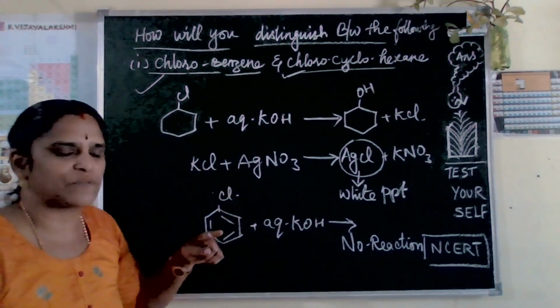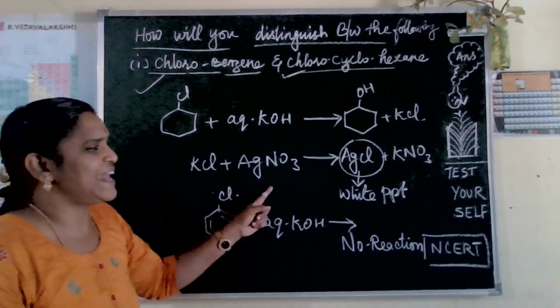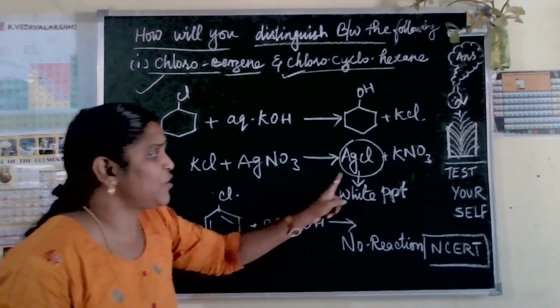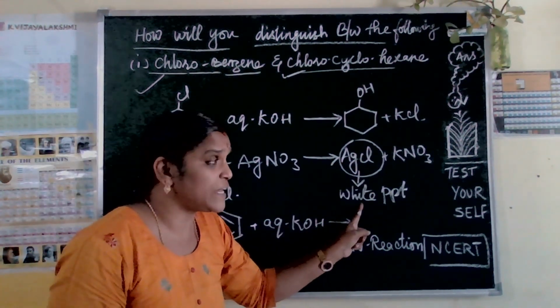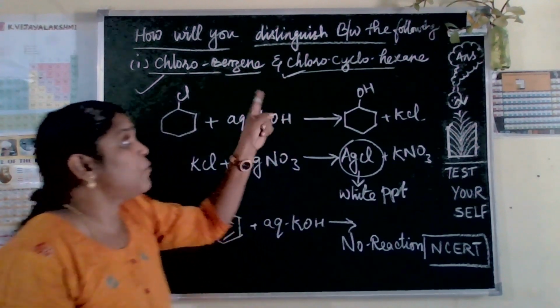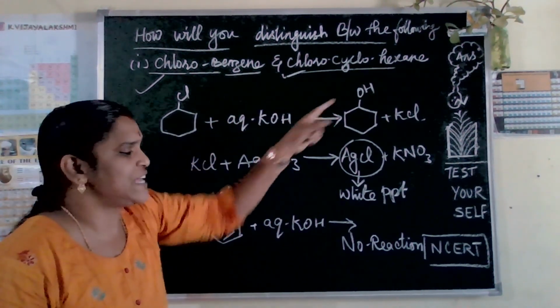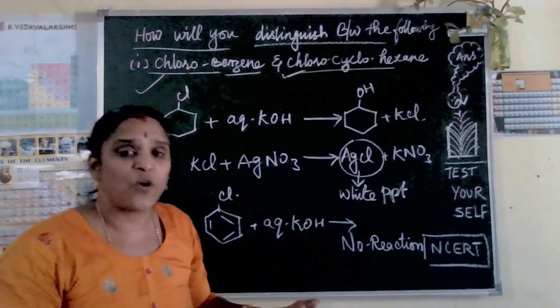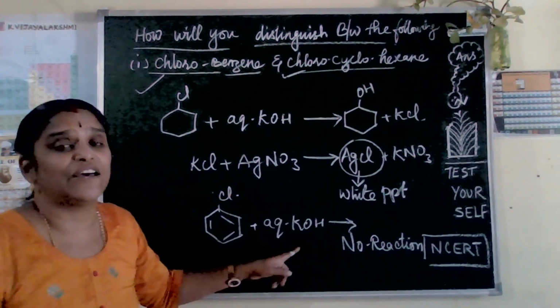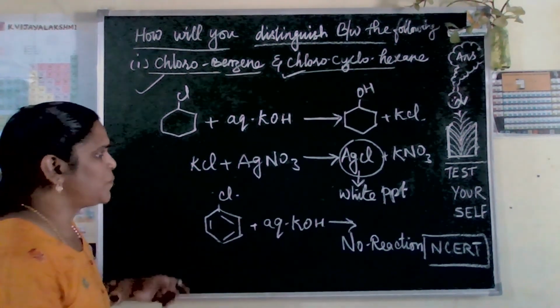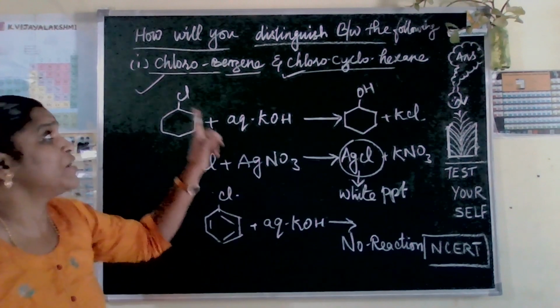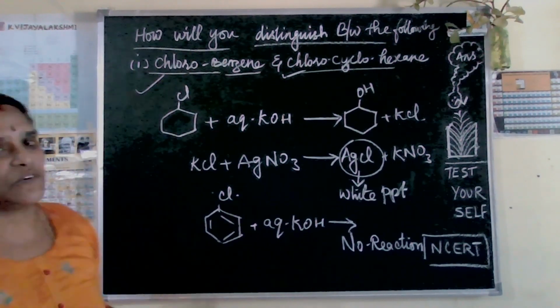Please recall those points. Next, KCl and AgNO3 give a white precipitate. The white precipitate identifies chlorocyclohexane, whereas here there is no reaction because it does not undergo hydrolysis. Hope you're clear with that. Okay, next, one more question for distinguishing between.